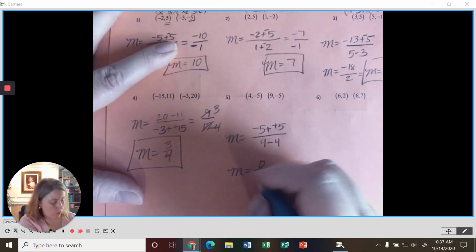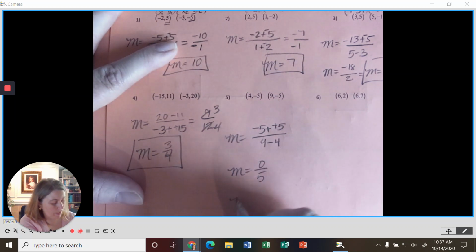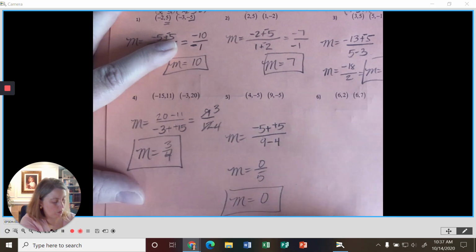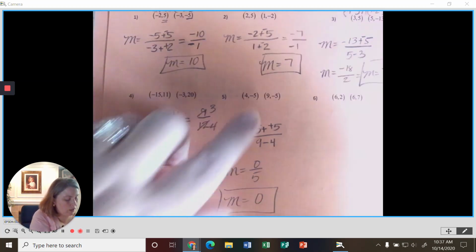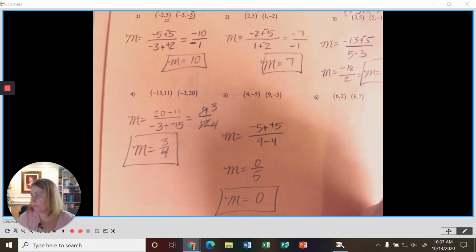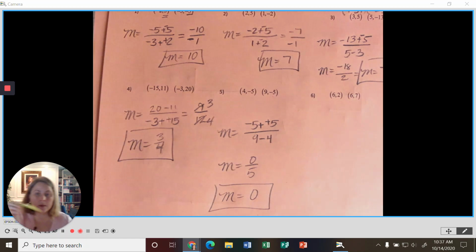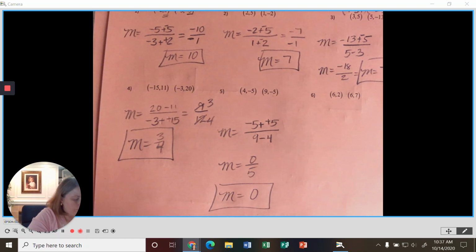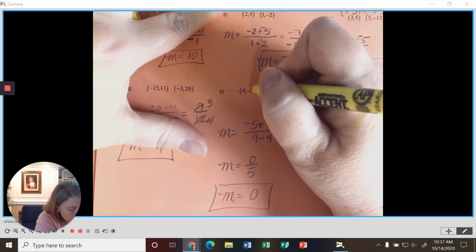And 9 minus 4 is 5. So we have 0 over 5. So that's just 0. And here's a nice little note: when we start writing equations of lines later on, you'll see when your y values are the same.